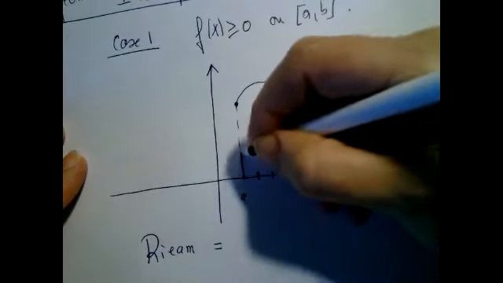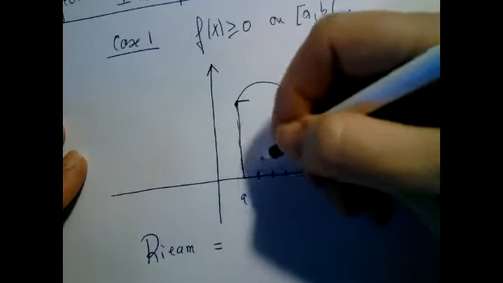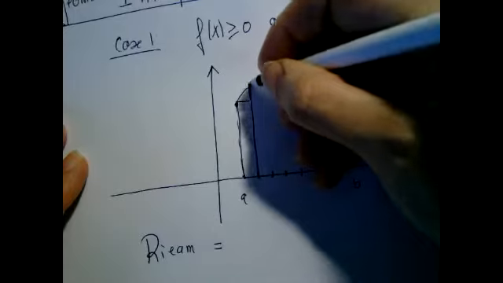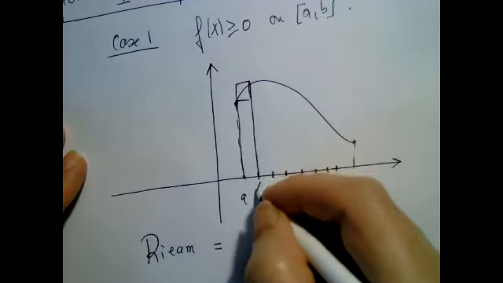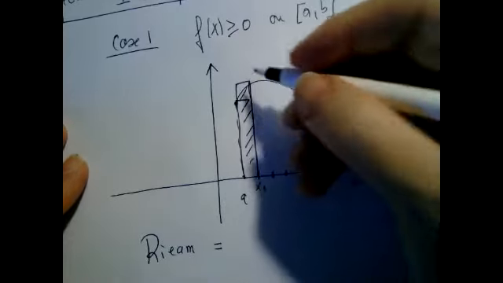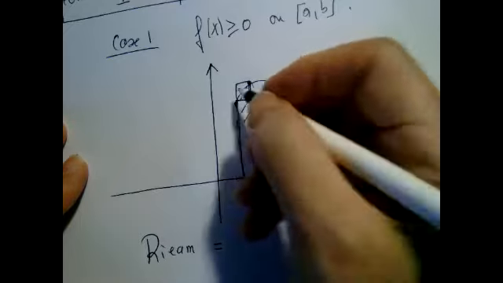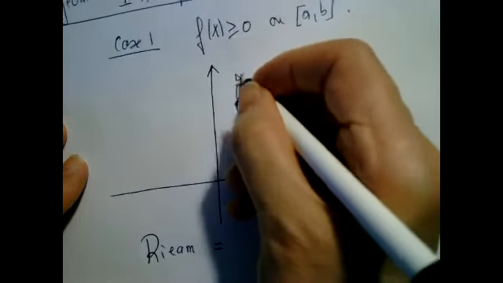The value at A, so let me concentrate on, actually I want the right one. So the value here at x1 times delta x. The value at x1, as you know, is going to give me the height from here to here. Delta x is this little bit.